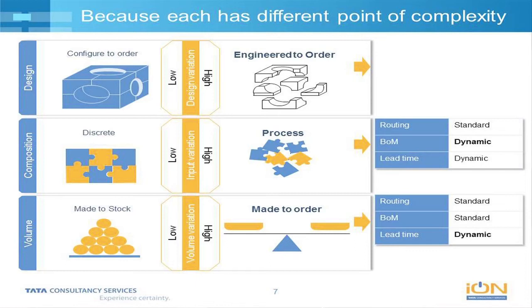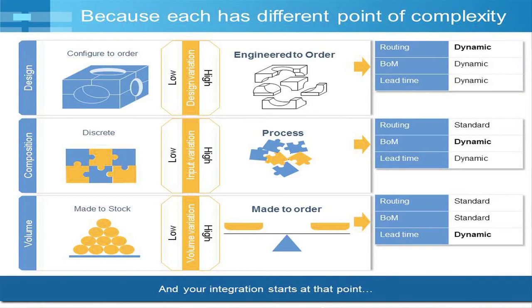Finally, in an engineer-to-order situation where the design variation is very high, what we try to optimize is the routing. Because with every design, your manufacturing operations change. And since they change, the sequence, the labor allocation, the machine allocation, they all change. So what we try to optimize is how the routing can be made more efficient in time and also in terms of overhead.